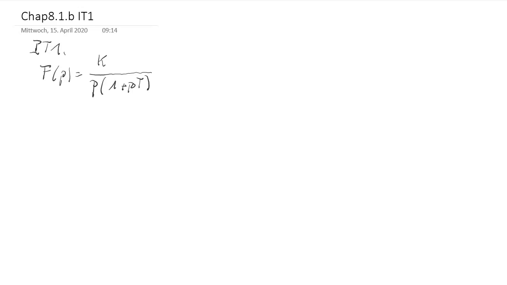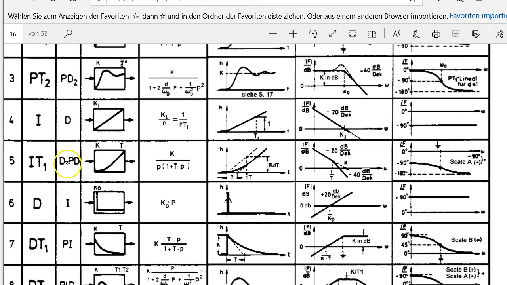Okay, the step response can be looked up in the workbook. So I open the workbook, page 16. Here in row 5 in the table on page 16, you see the IT1, that is the symbol, that is a transfer function. Here you see the step response, a unit step response.